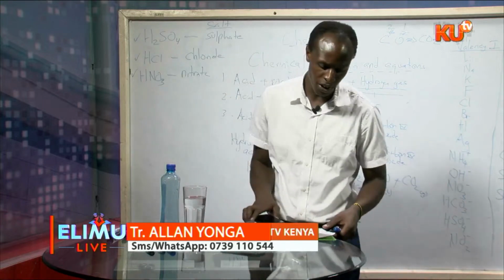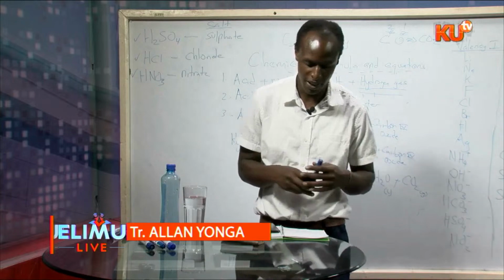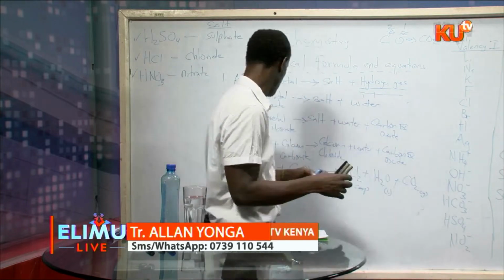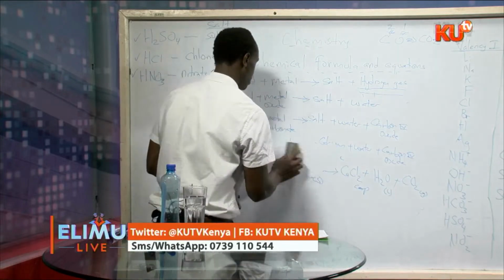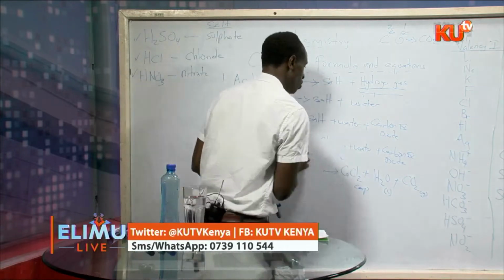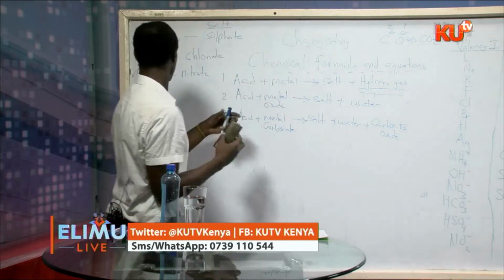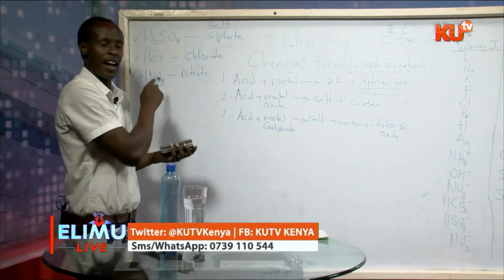The other reaction which you usually encounter in titration is a reaction between an acid and a base. When you titrate an acid and a base, what are the products? A base, for you to know a base, is always a hydroxide. The one similarity about all these acids is they have the element hydrogen.